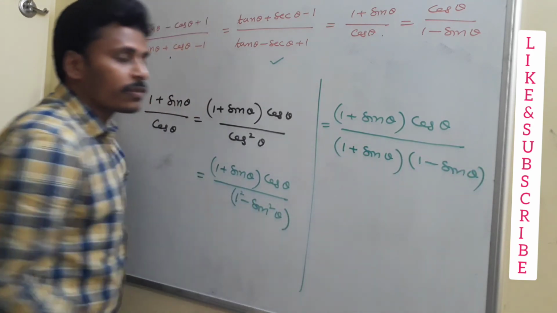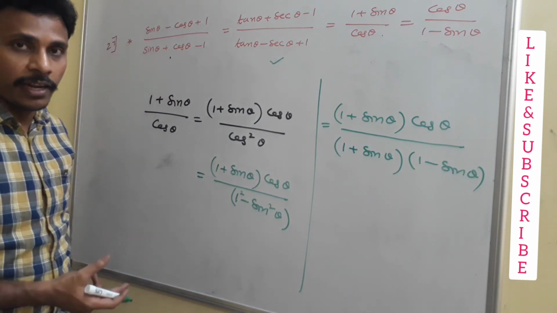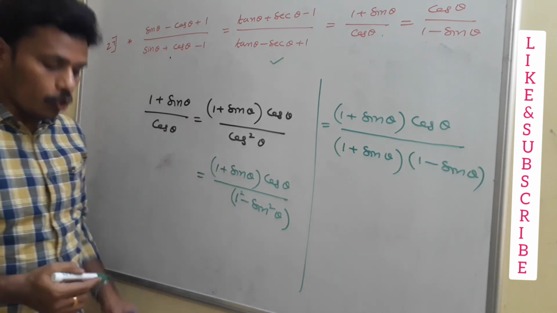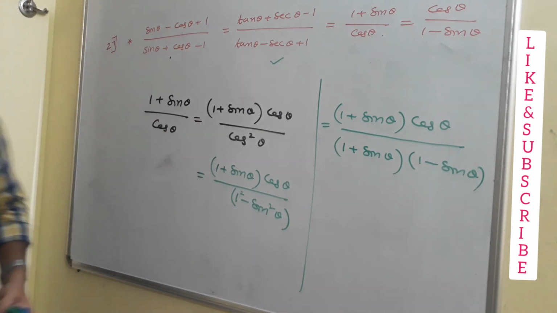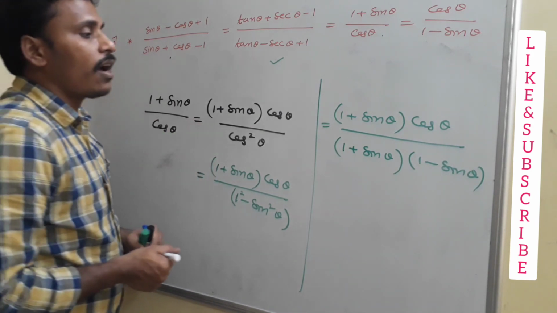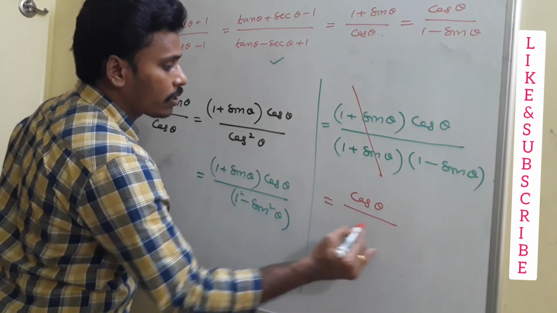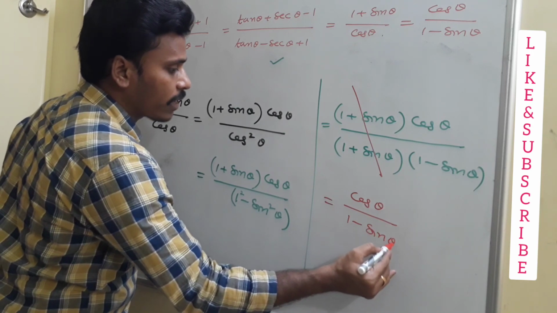Think a while. A square minus b square is a plus b into a minus b, no? That's why 1 minus sin square theta is 1 plus sin theta into 1 minus sin theta. And then, see, if you look, 1 plus sin theta and 1 plus sin theta are the same, they get cancelled. At the end you are left with cos theta by 1 minus sin theta.